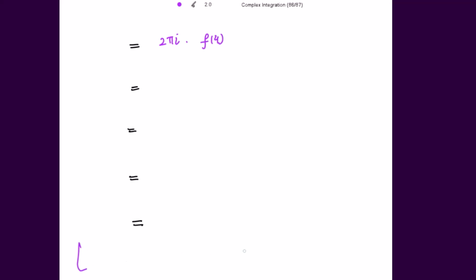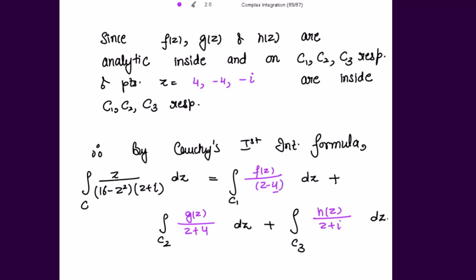Okay, the formula is the integral over C of f(z) over z minus z naught dz is equal to 2 pi iota into f of this point z naught, which is lying inside the circle. So for the C1 circle, the point z equal to 4 is lying inside the circle.